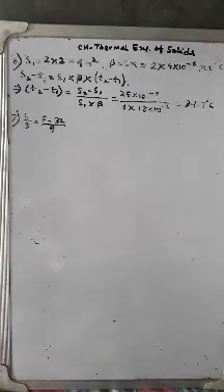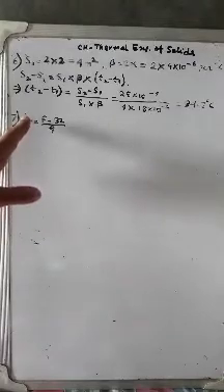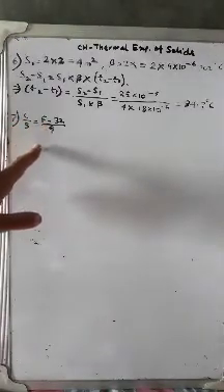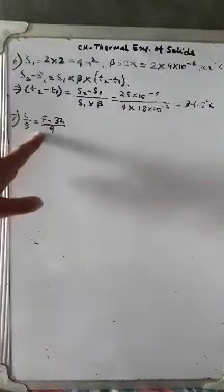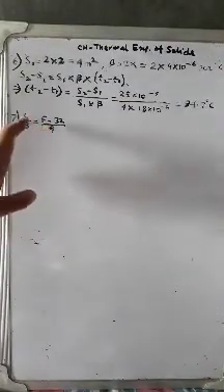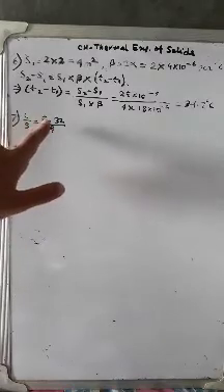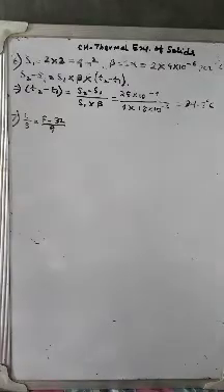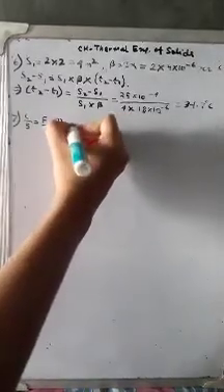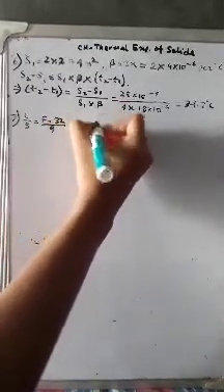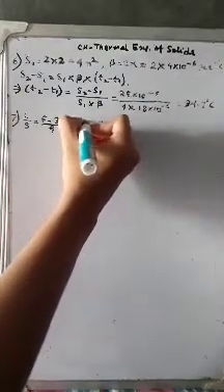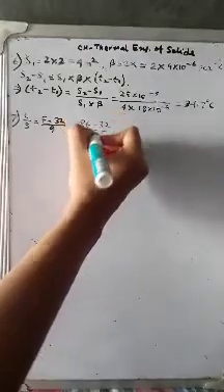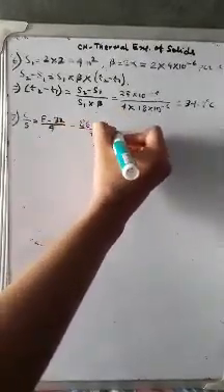So here you can see C is there, that means Celsius, and the Fahrenheit temperature is also there. So now our objective is to convert the Fahrenheit into Celsius. So let's write the value of Fahrenheit that is given in the question. So what is that value? 86 minus 32. Why? See the question. In the question, the value of the temperature is given as 86, divided by 9, isn't it?